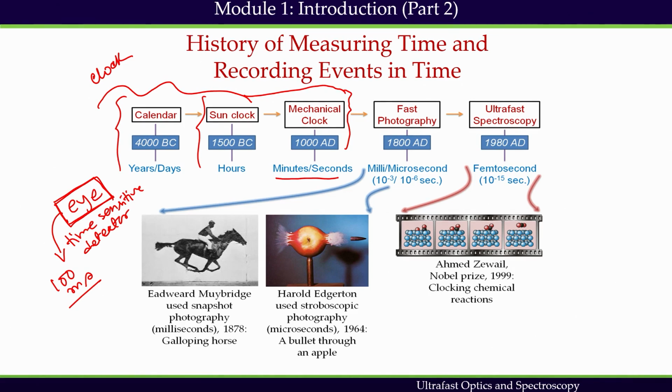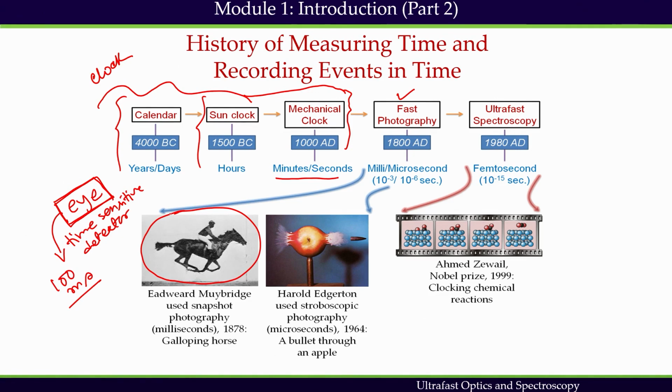Snapshot photography, in which a time sensitive detector is placed in dark and is exposed to a time evolving event for a very brief time using a mechanical shutter, of a galloping horse, done by Muybridge in 1878, was the first attempt to record events without eyes in millisecond domain. So, photography was discovered in 1878, and the galloping horse picture was recorded with the help of the camera.